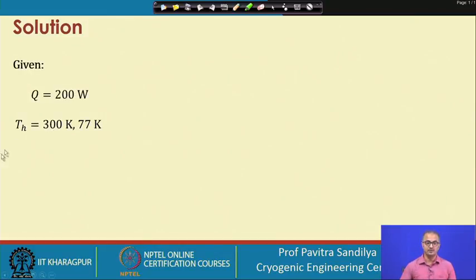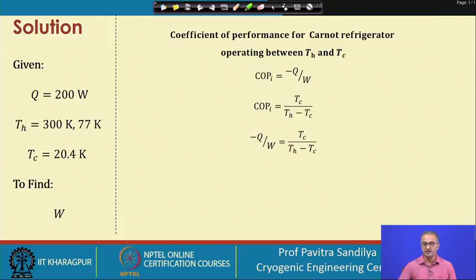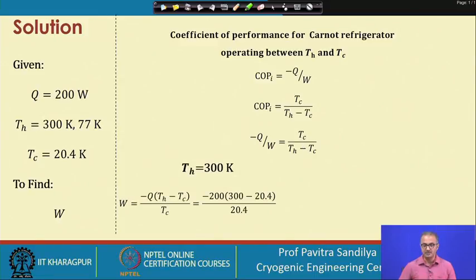So, we just put all the input information here. We have to work once with 300 K and then with 77 K, and this is the lower temperature available, and this is the work requirement. What we do is write the COP value for the ideal system, and if we plug in the values of these various temperatures, we find the work requirement.